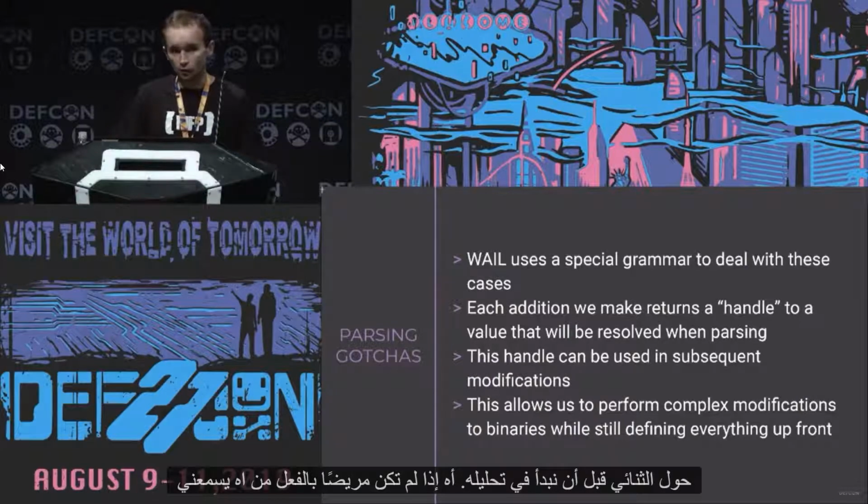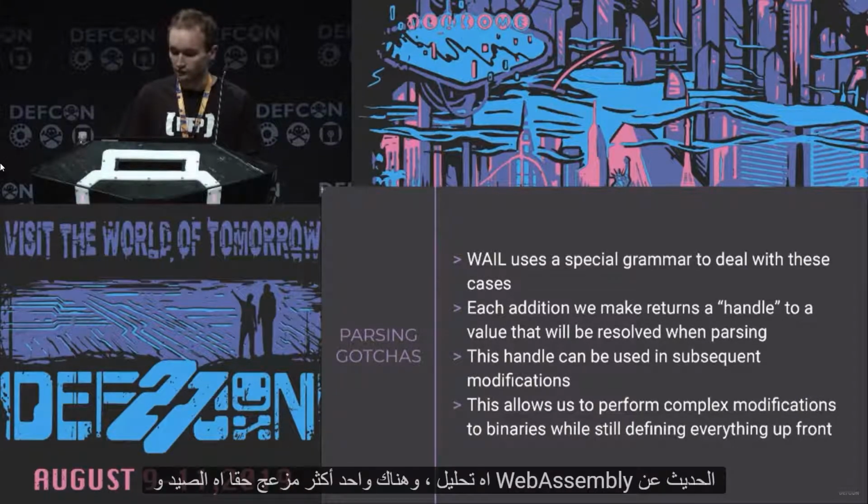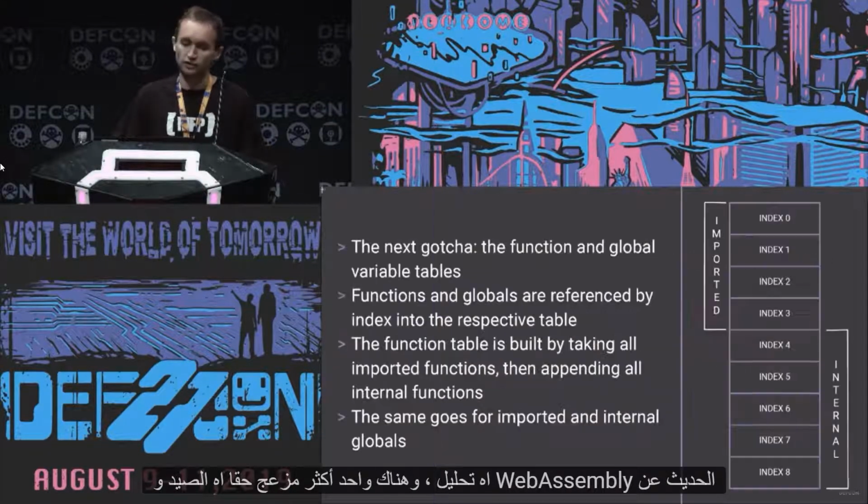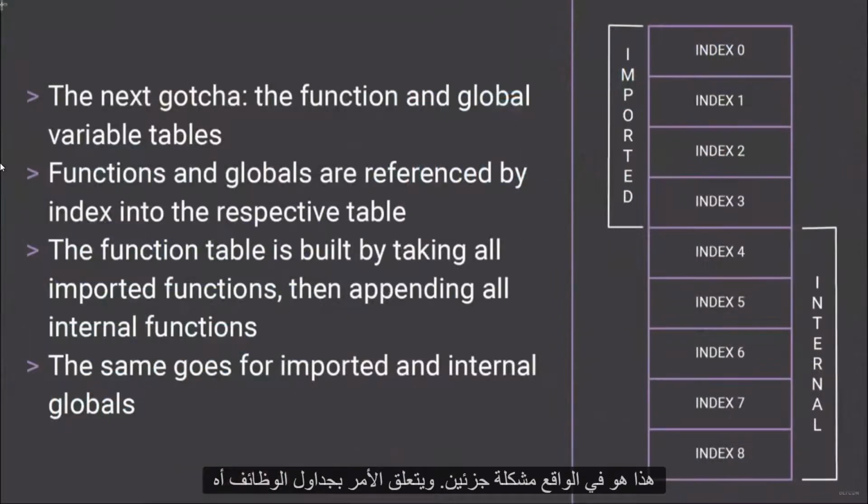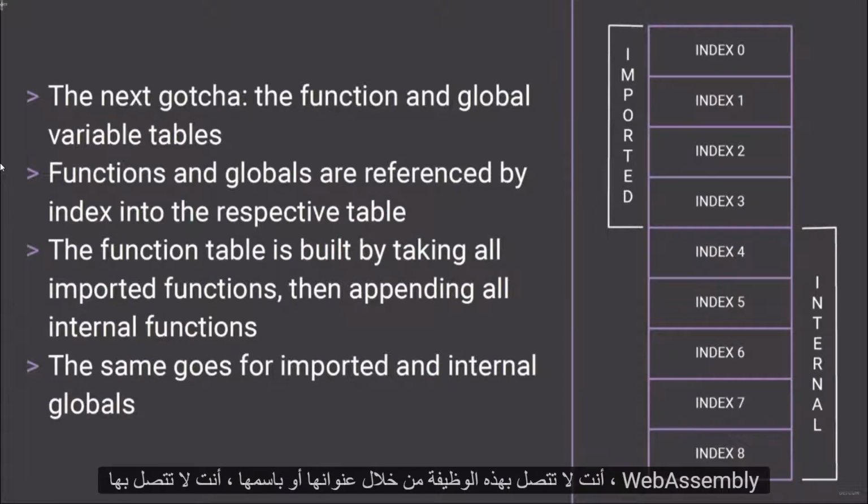If you're not already sick of hearing me talk about WebAssembly parsing, there is one more really annoying catch, and this is actually a two-part problem. It has to do with the function tables and the global variable tables. So if we take the example of calling a function in WebAssembly, you're not calling that function by its address or by its name.